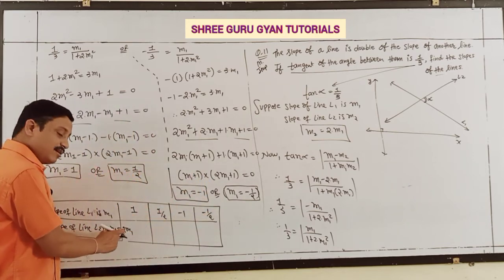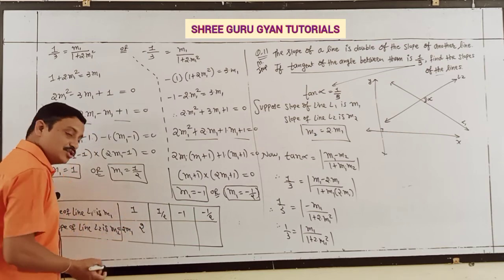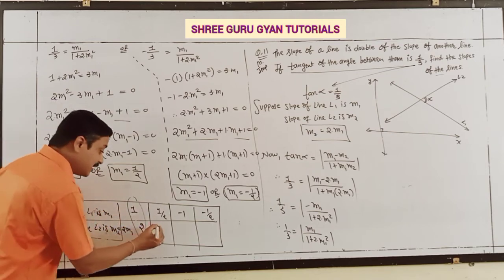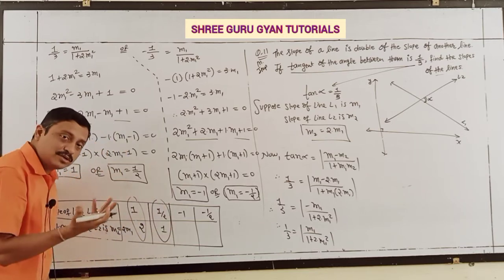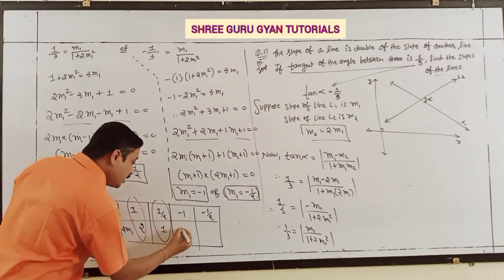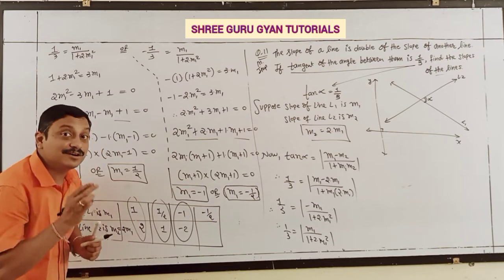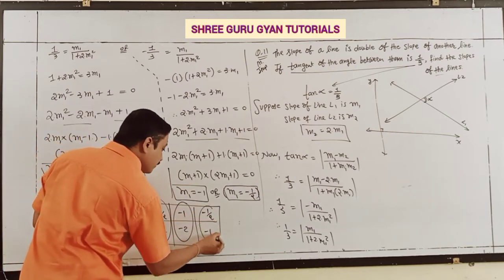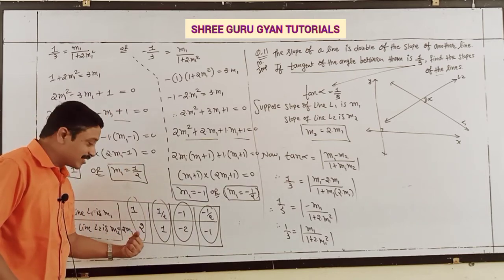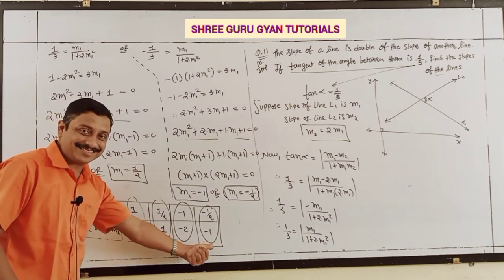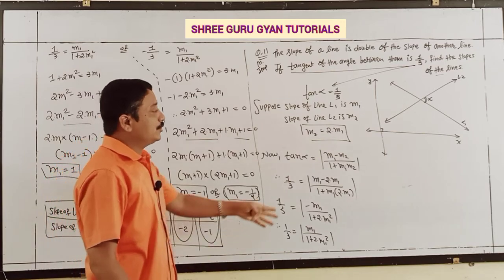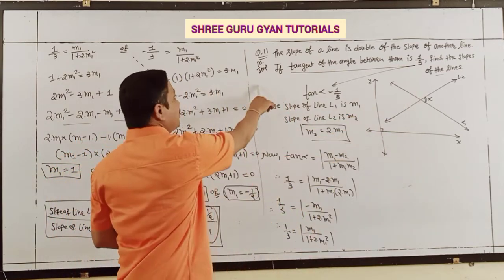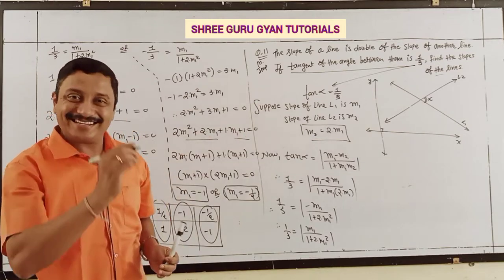Put 1 here, you get the answer 2, so this pair is true. Put half, then the answer is 1, so this pair is also true. Put minus 1, then the answer is minus 2, so the third case is true, and last, put minus half, then minus 1. It means students, either this is true, or that, or this, or this. These are the values of the slopes of the two lines L1 and L2. Yes students, our question 11 is easily done.